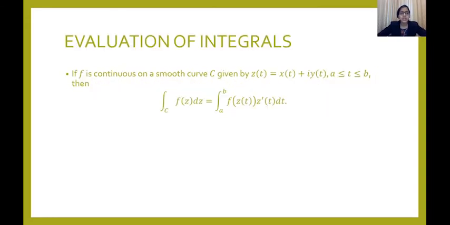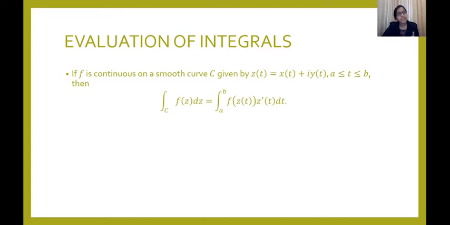Now let's move on to the evaluation of the integrals. If f is continuous on a smooth curve C given by z of t equal to x of t plus i y of t, where t varies between a and b, then what will be the integral of f of z dz?